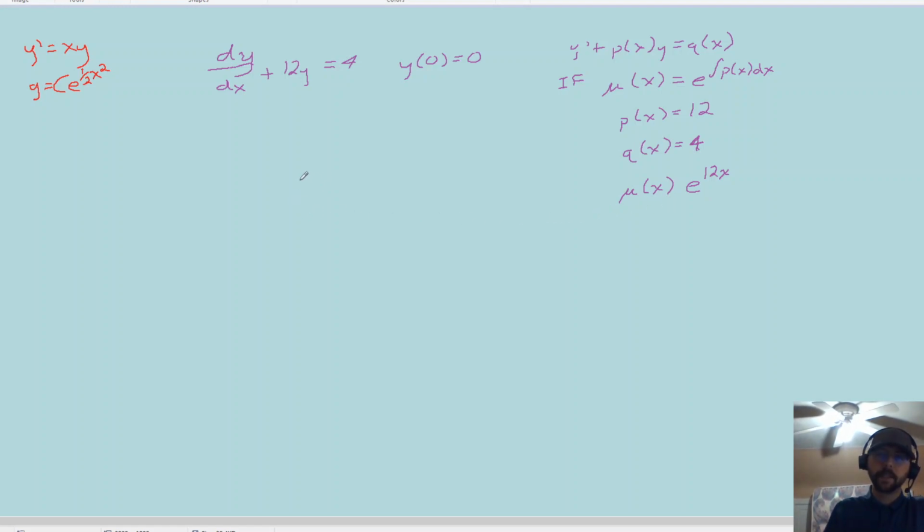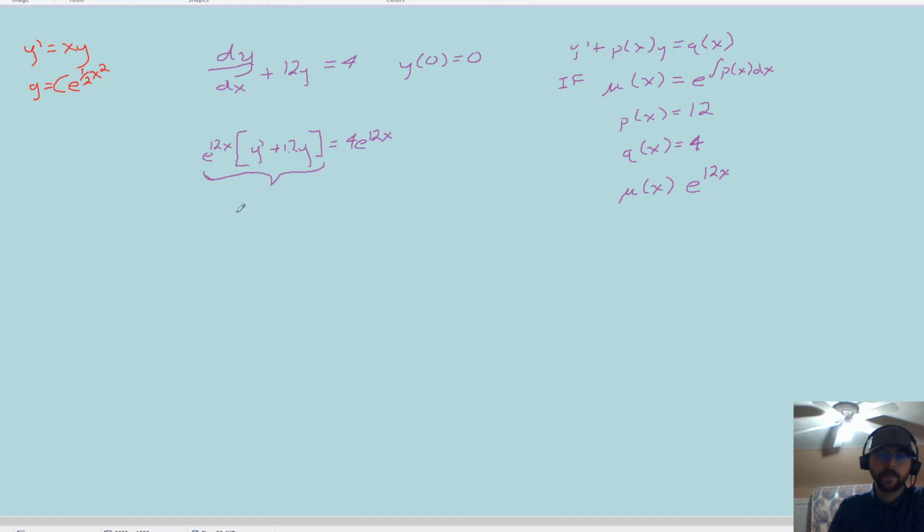Then you multiply both sides by mu of x, so you get e to the 12x times y prime plus 12y equals 4e to the 12x. And now this should turn into, so there's some kind of magic that happens here, based off the product rule.